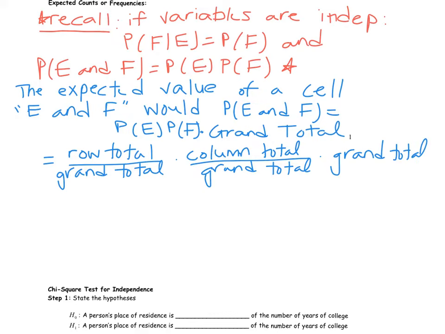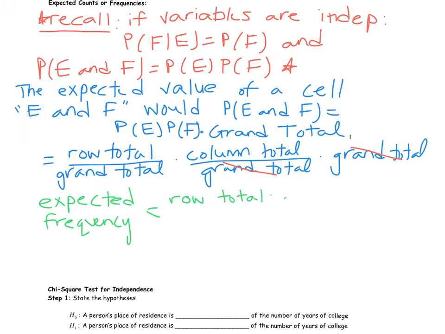And we can cancel some things. Grand total cancels out. And so we then have a formula for the expected value or the expected frequency of each cell. It's going to be row total times the column total over the grand total.